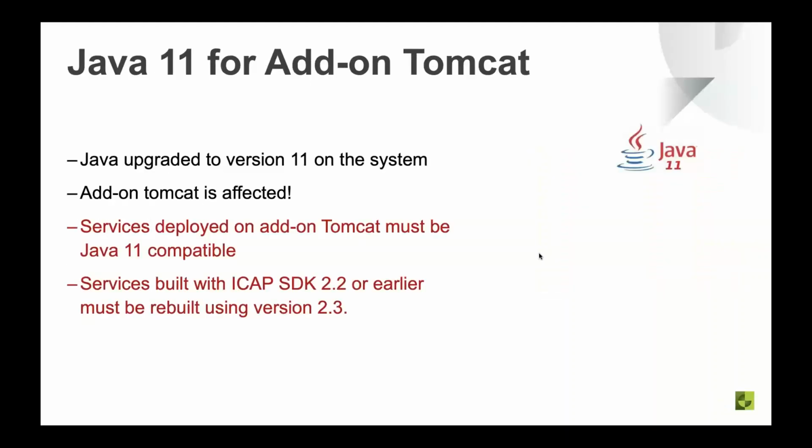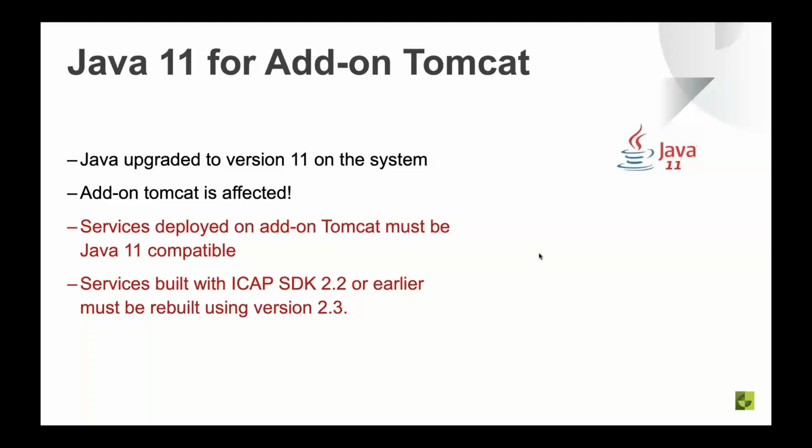One thing you need to know if you're deploying add-ons on the add-on Tomcat in the gateway is that we have upgraded Java on the system to version 11, and that also affects the add-on Tomcat. So any add-ons that you deploy must be compatible with Java 11.